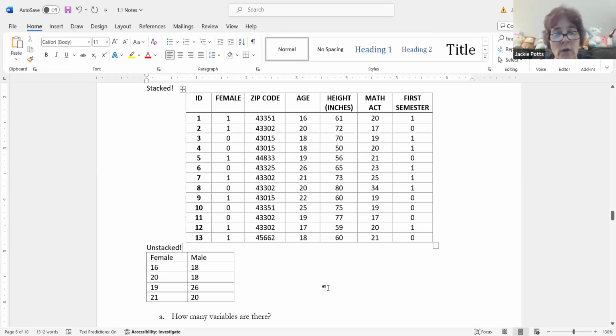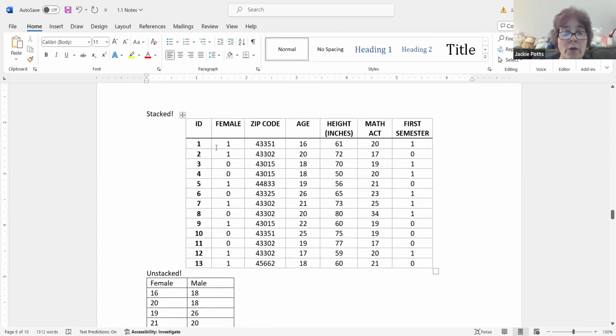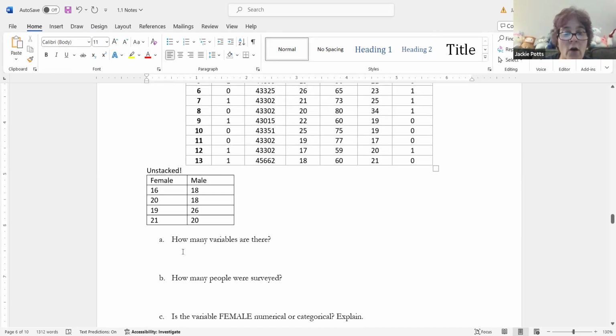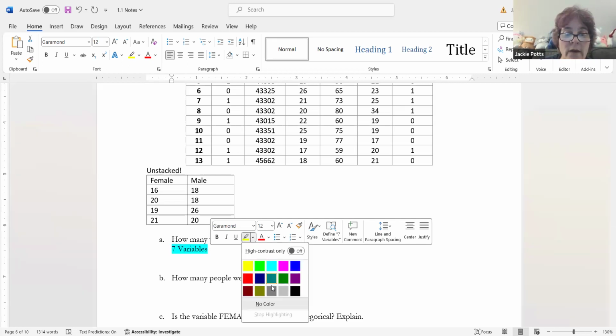Now, let's answer the questions. How many variables? Well, how many columns are there? See, 1, 2, 3, 4, 5, 6, 7. So there are 7 variables. Now, I will give you a heads up. This is where you'll find very quickly that me and Pearson tend to have a love-hate relationship.